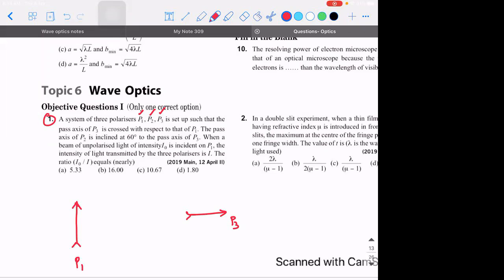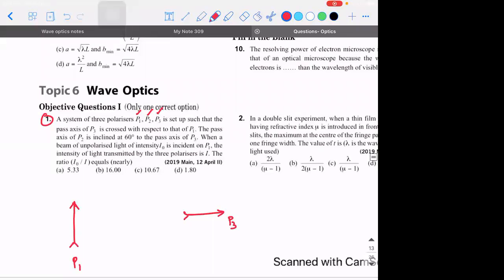The pass axis of P2 is inclined at 60 degrees to the pass axis of P3. With P3. Then how much will this be with P1? 30. Obviously 30 degrees, right?